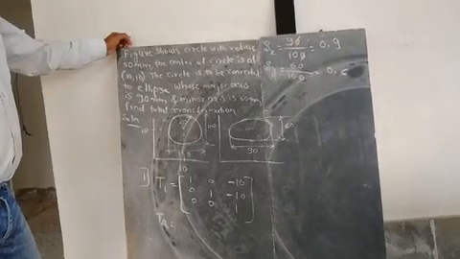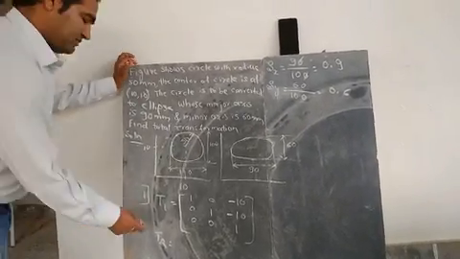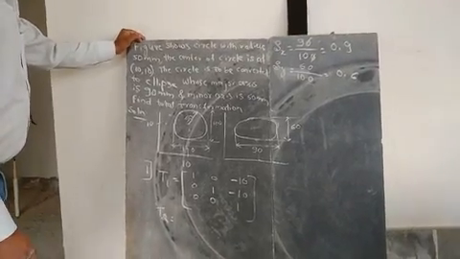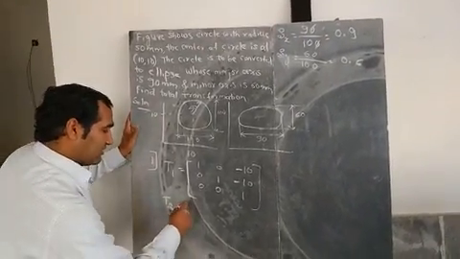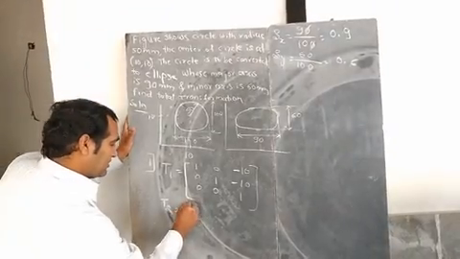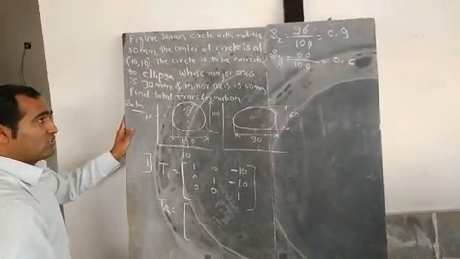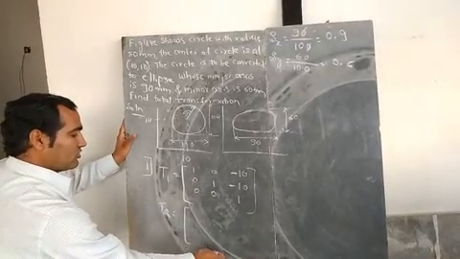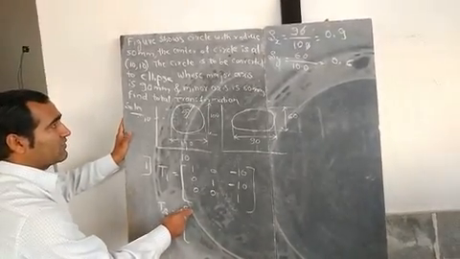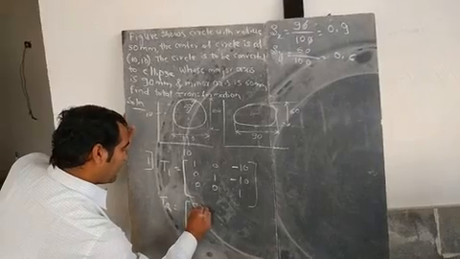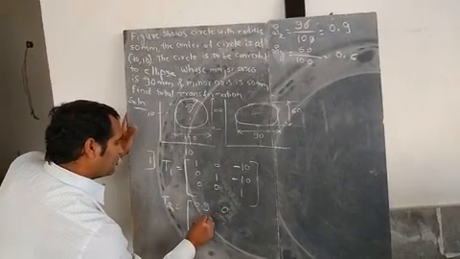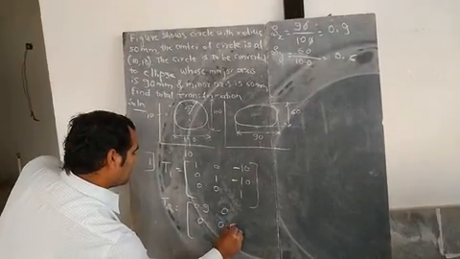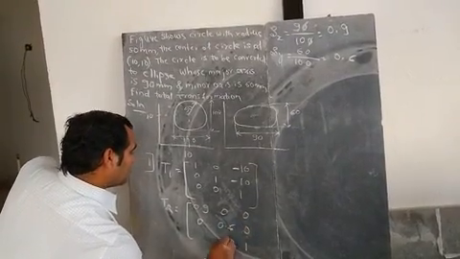Now you can write the second matrix, that is scaling. According to those scaling factors, the formula is Sx 0 0, 0 Sy 0, 0 0 1. So Sx is 0.9 and Sy is 0.6, giving 0.9 0 0, 0 0.6 0, 0 0 1.